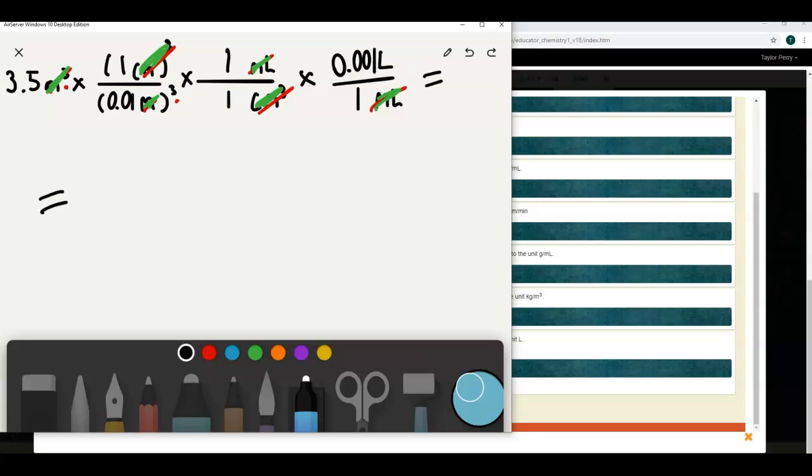And you should get, oh, I hope I did this right. I don't want to have to redo this question. Should get 3,500 liters.